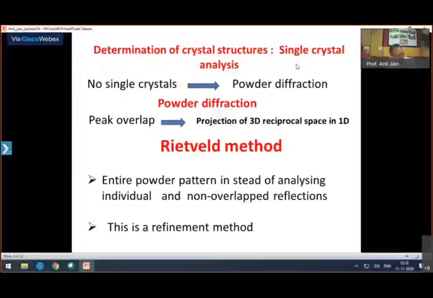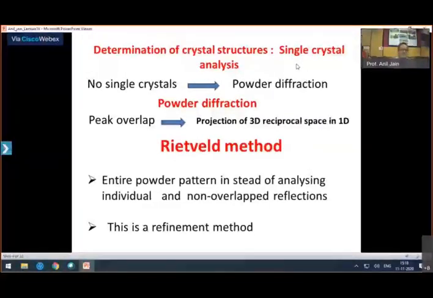So in 1969 or so, Rietveld came with the idea that instead of getting the integrated intensity of each reflection, let's calculate the entire powder pattern.